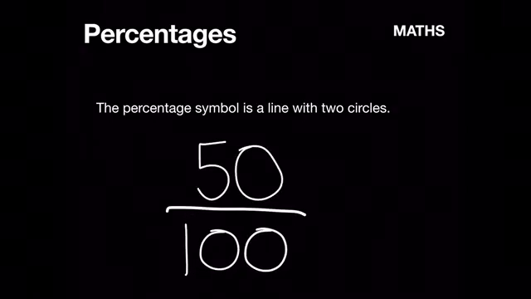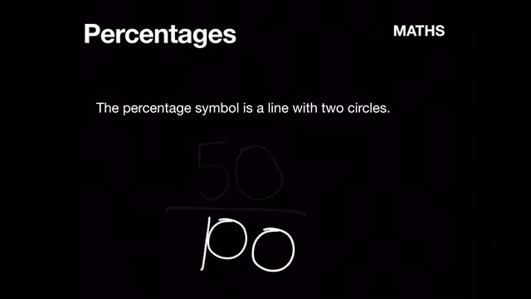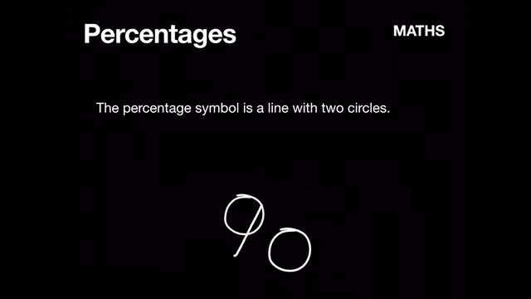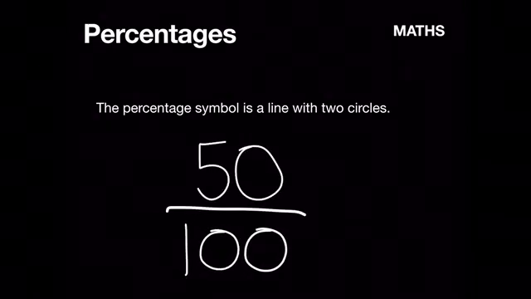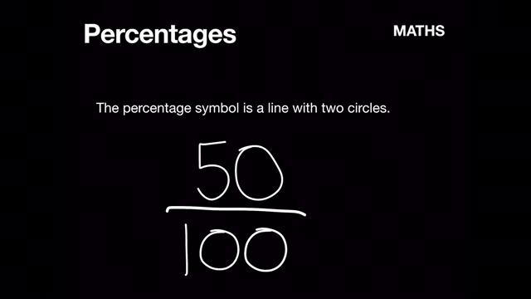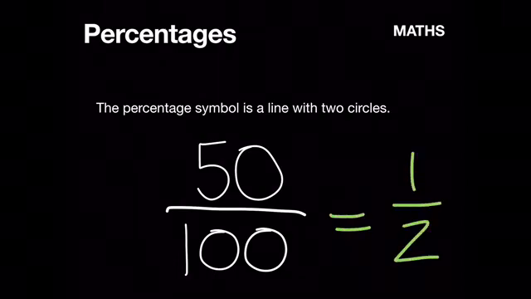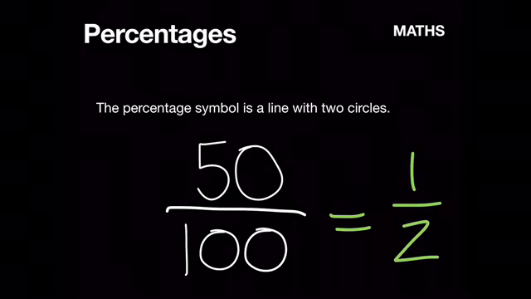And 50 hundredths then is 50% out of 100, 50%. So 50%, 50 hundredths. Okay, it's really important that you keep that in your head. And of course, 50 over 100 we can then simplify to make 1 over 2. In other words, a half. 50% is half.